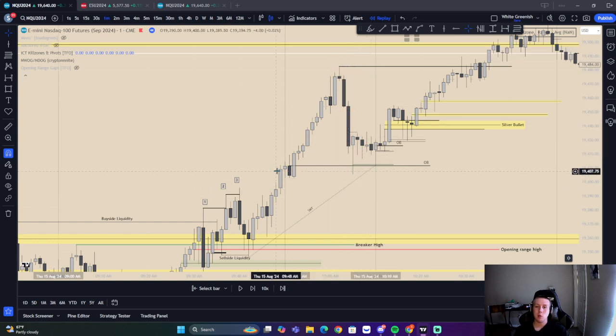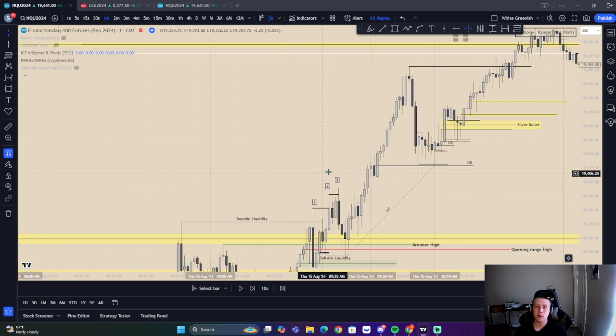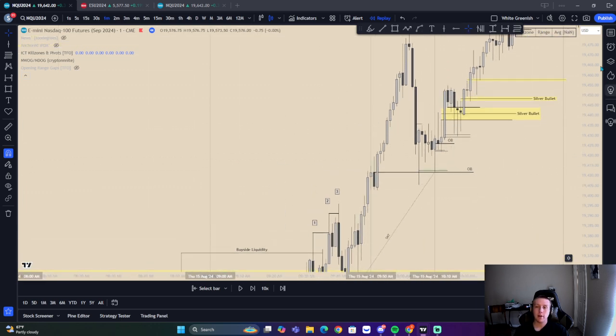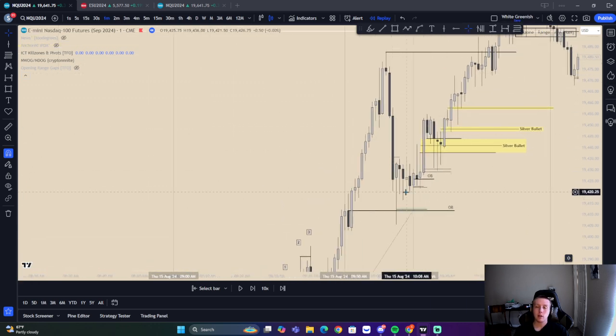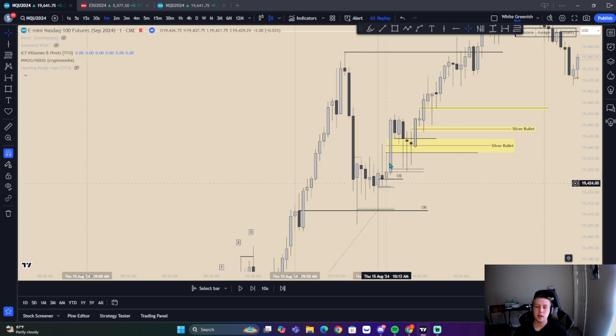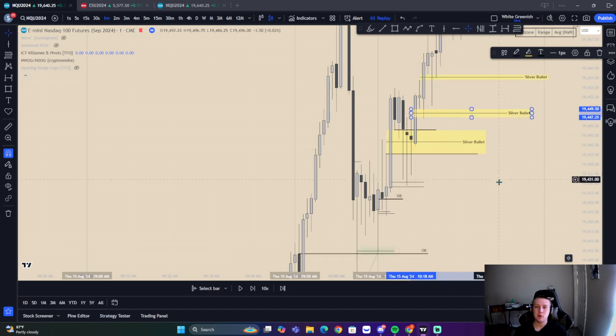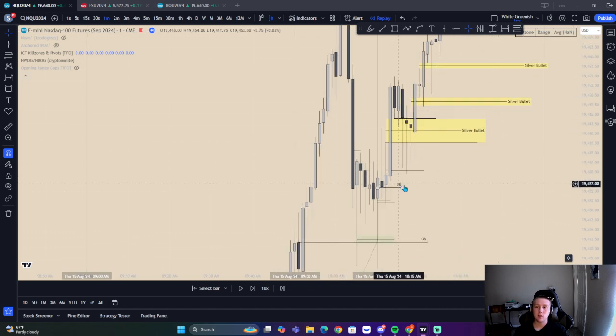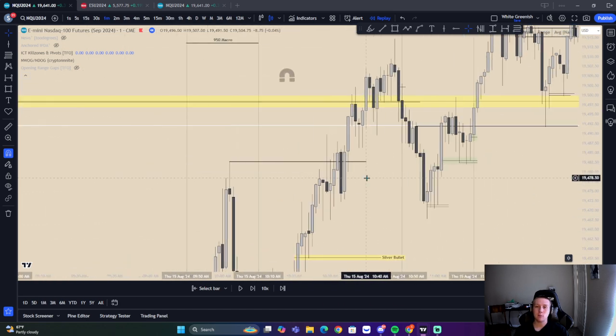Where are we repricing right to? This order block, all happening within the 9:50 macro. Then we come back up, displacement higher, silver bullet right there, then silver bullet right there. So boom. We'll go into that in lower time frames per usual.